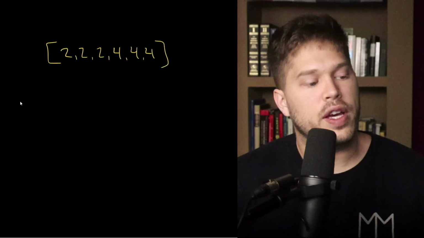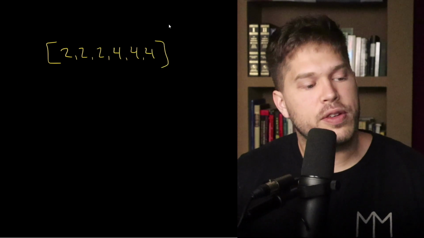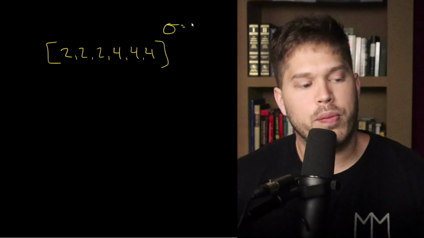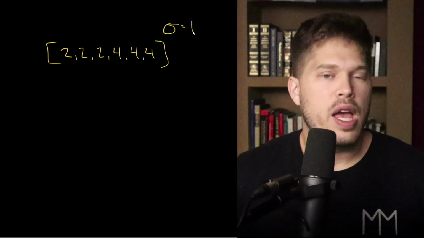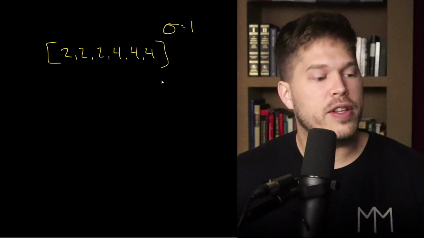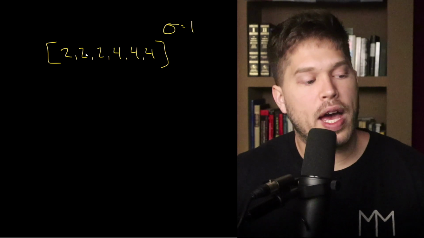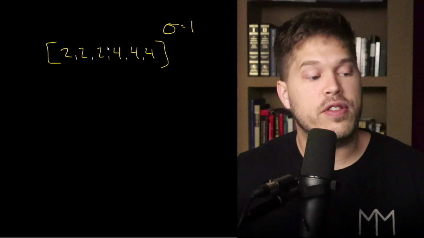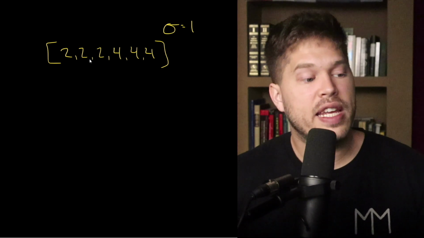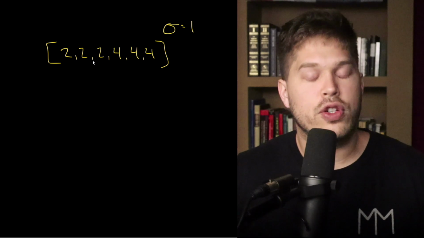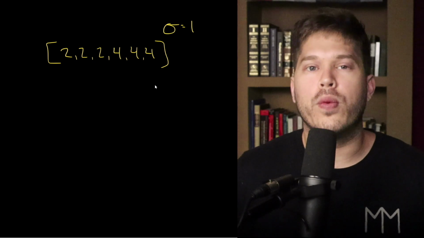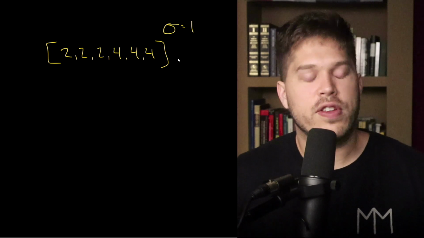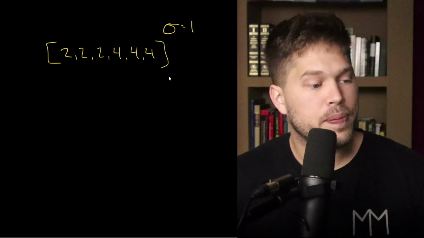Okay, so our standard deviation for this list of numbers is going to be pretty much 1. Might be a little bit different than 1, but it's going to be practically 1. And we know that because our average of this list of numbers is 3. And then each of these values, 2 and 4, are only 1 unit away from 3. So our standard deviation is going to be roughly 1.